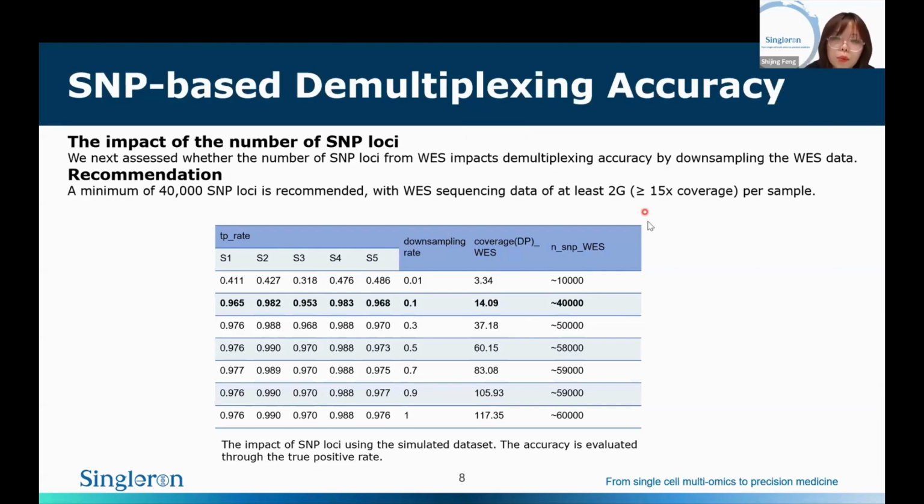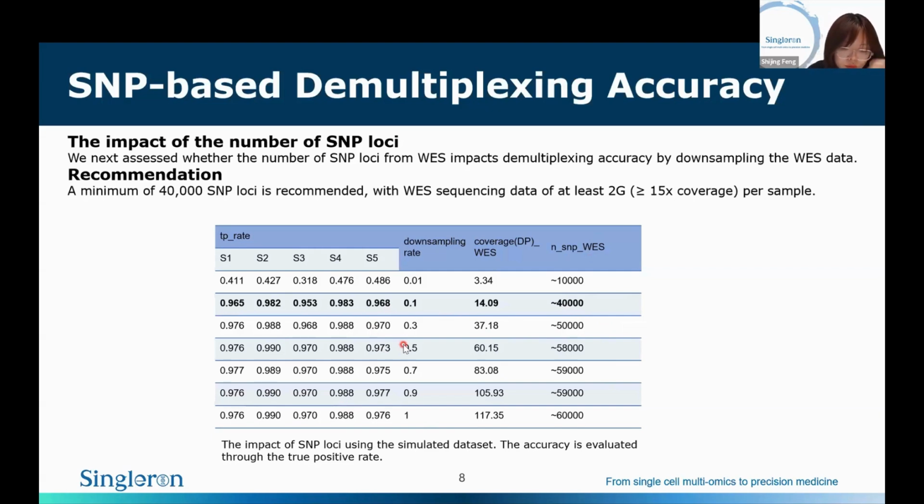We randomly downsampled the WES data into different numbers of SNPs. From the results in the table, we can see that when the number of SNPs reaches 40,000, the accuracy is already very high, and when we increase the number of SNPs more, the accuracy does not change a lot.